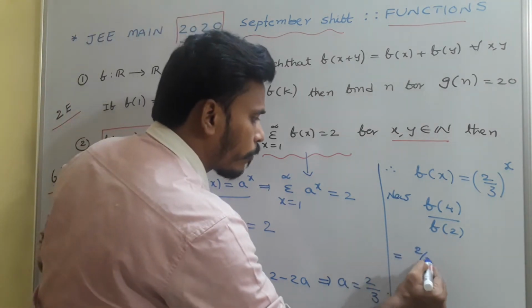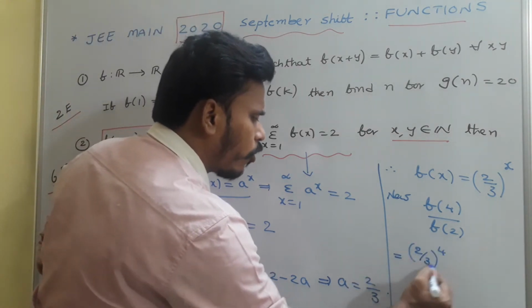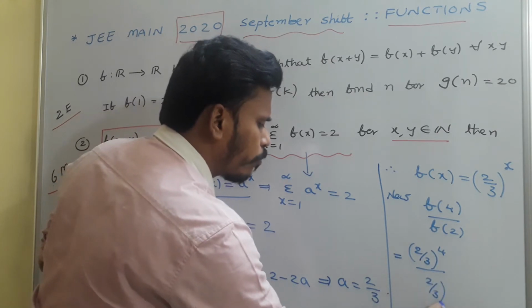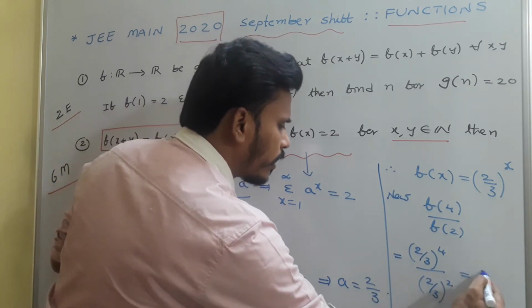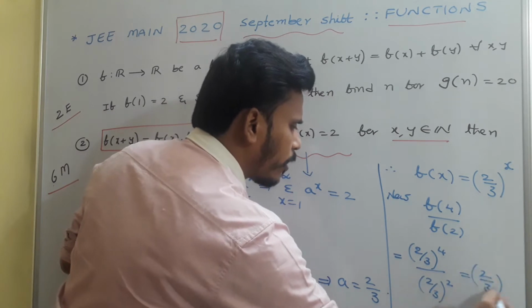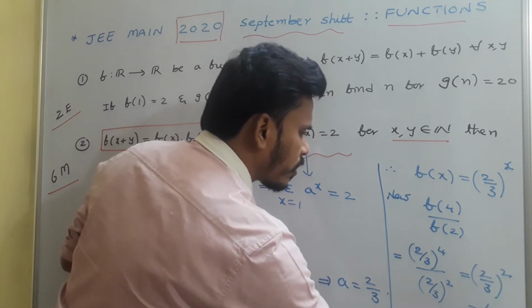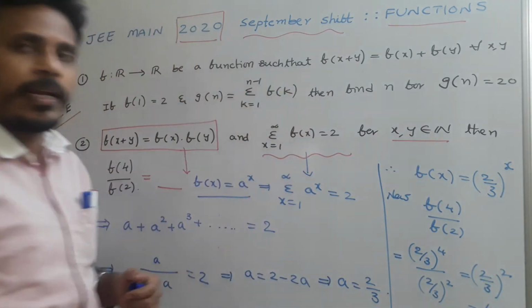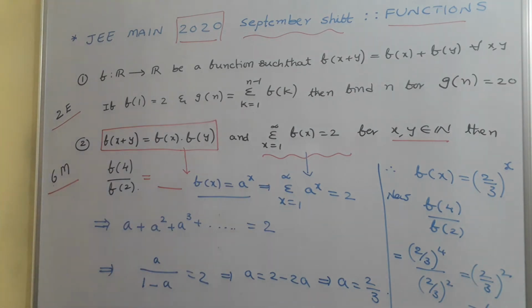So that in turn represents 2 by 3 power 2 and its result is 4 by 9. At the end, our answer for the problem is 4 by 9. 2 by 3 square, which is nothing but 4 by 9.